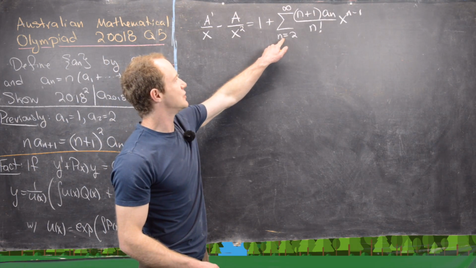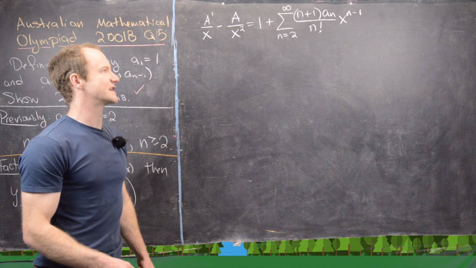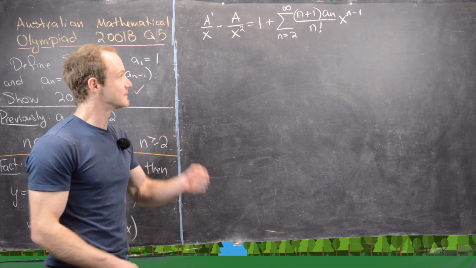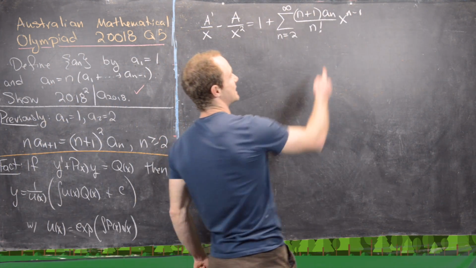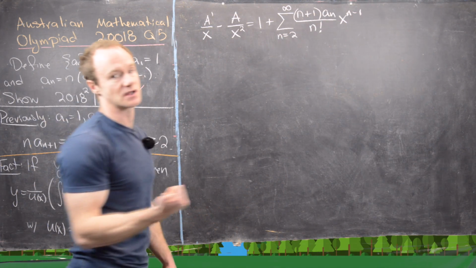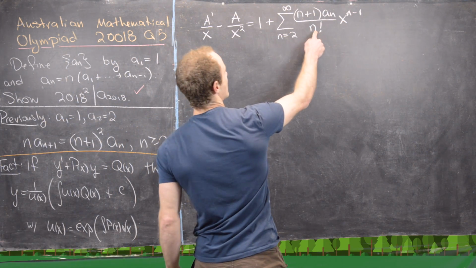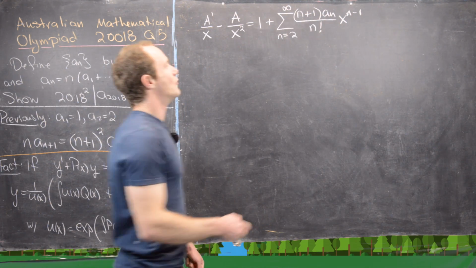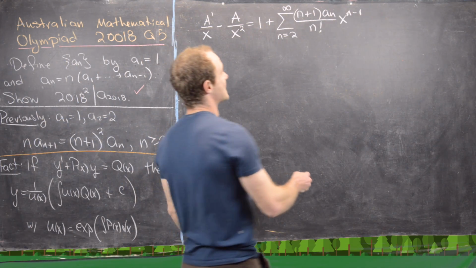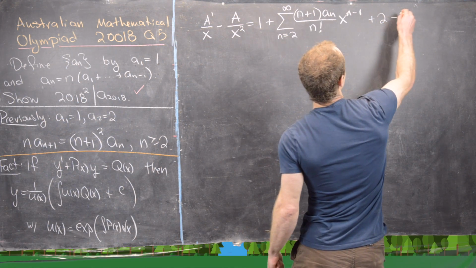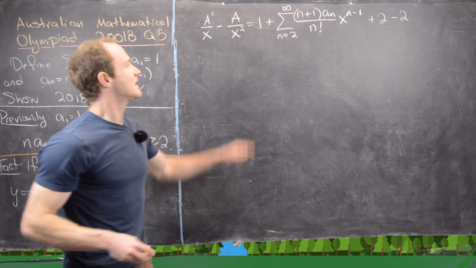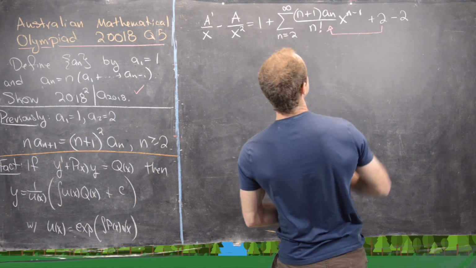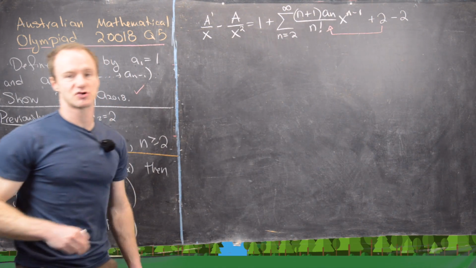Now the next thing that I want to do is change this n so that it starts at 1, but that means I'm going to have to add and subtract something. So let's see. If I stick n equals 1 in here, I get x to the 0, so that's just the constant 1. I get 1 factorial, I get a sub 1, which is just 1, and then I get 1 plus 1, which is 2. So that means if I add 2 and subtract 2, then I can take this addition of 2 and move it into this sum, and then leave that subtraction of 2 out.